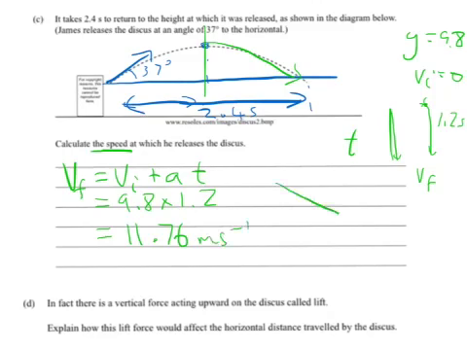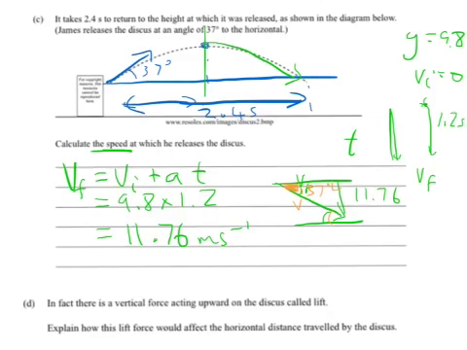But now, here's the velocity that we're looking for. We've got the vertical component, this is our 11.76 there, and we have the angle from the horizontal, 37 degrees. That's actually the same as this angle here, 37 degrees, because of angles on parallel lines. That's our right angle, and so we can use 11.76 and that 37 degrees to find out what the actual V that we're looking for is.